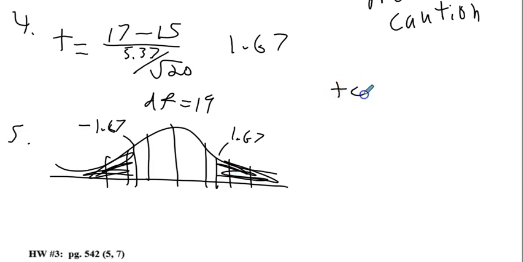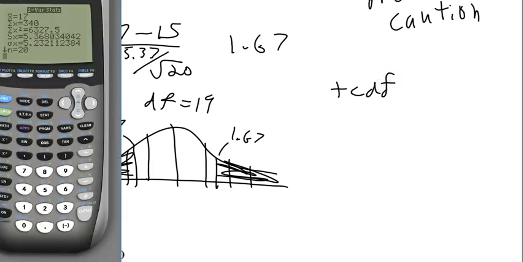Now I'm going to run my tcdf. I'll pull up my calculator. Now, what did I get for t-score? I got 1.67, so that's what I'm putting in. So I go to second, vars, 6. My t-score is 1.67. I'm going to 999.